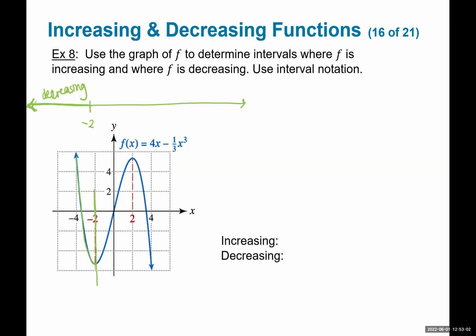Then it starts to increase between -2 and 2, increasing this entire time. Again, from left to right, it's like, how would you draw this with your pencil? Would you be going up or going down? It looks like I'm going up. From -2 to 2, I'm increasing.